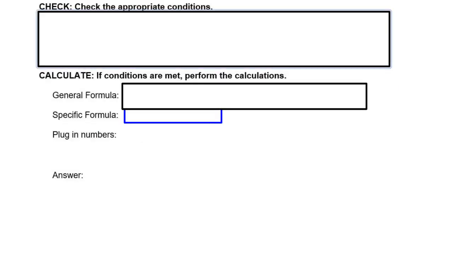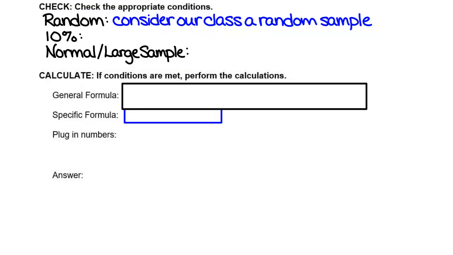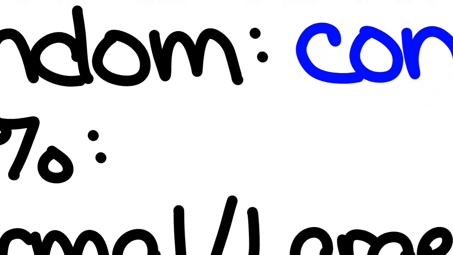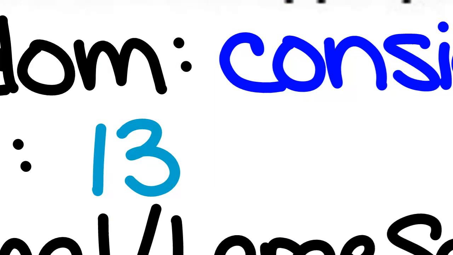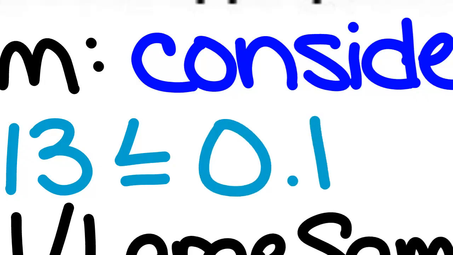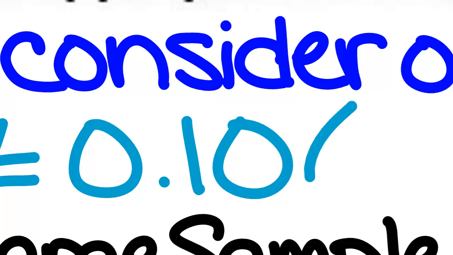All right. Let me pop that up on the screen here. And then we need to check our 10%. What would that look like? How would I check that? 13 is less than or equal to 10% of all AP Statistics students.